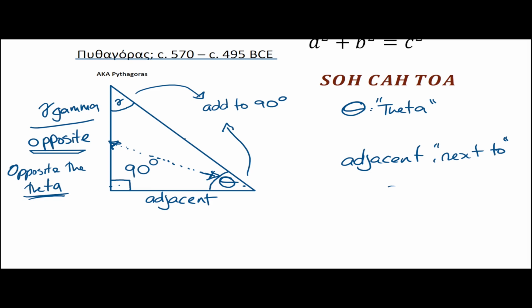And this last side that gives students all sorts of trouble remembering is called the hypotenuse side. It's Greek for stretched out.